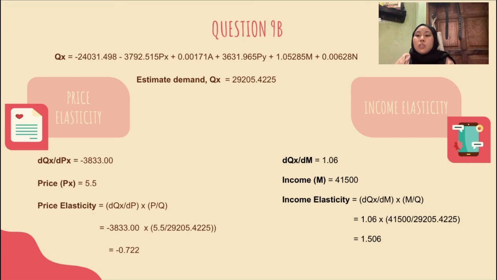Next, move on to income elasticity. The dQx over dM is 1.06 based on the demand equation above, and the value of M is 41,500. Then substitute the values into the formula of income elasticity, which is dQx over dM times M over Q, and you will get 1.506.